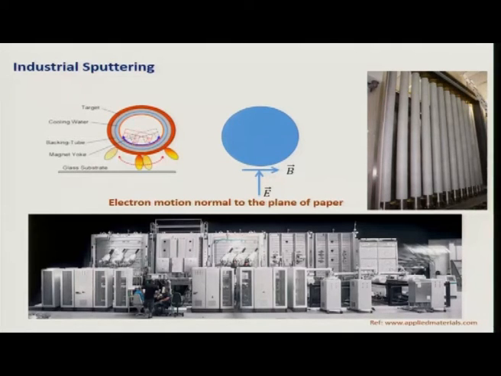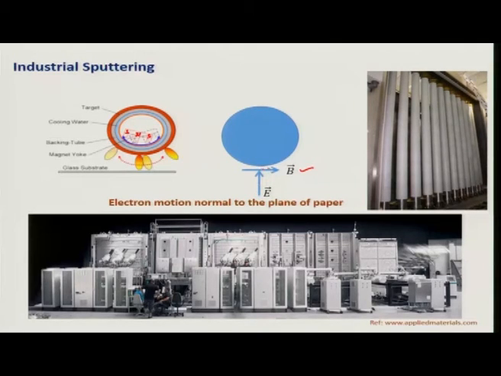In this magnet there is a north pole and south pole, so the magnetic field on the surface of this cylinder is in this direction. Right next to each of these cylinders is another electrode which gives a perpendicular electric field.